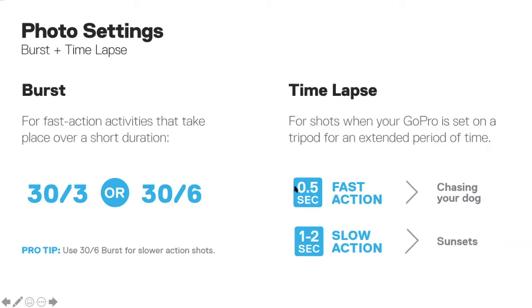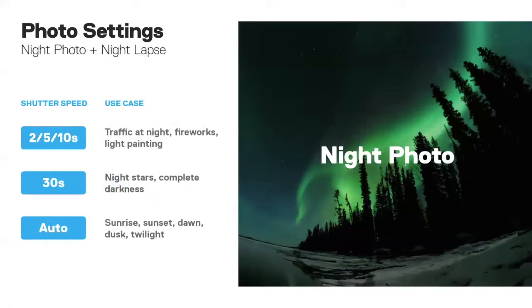But in terms of most use cases, you're pretty good with the half second. If it's darker in the classroom, probably go for 1 to 2 seconds. And I don't know how many of you are using night photo or night lapse, but we do have settings here. This is also in the user manual, so I'll let you explore that depending on the use cases.